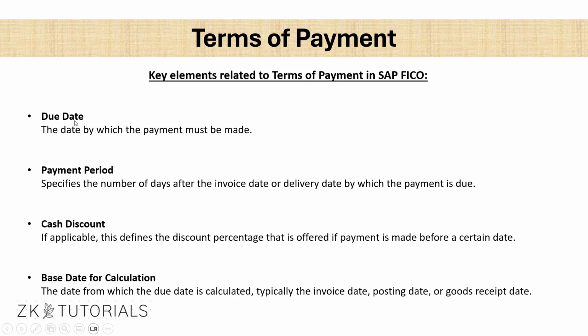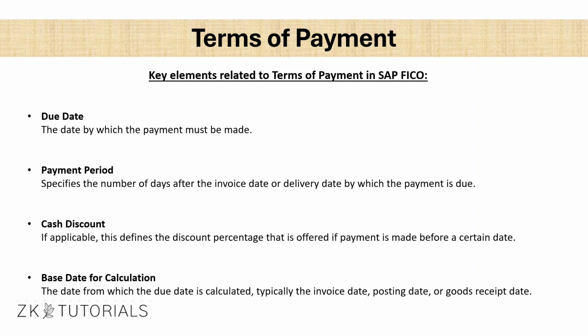Now we have spoken about due date. The payment period specifies the number of days after the invoice date. That means the credit period is called the payment period. This 30 days is called the payment period, or it is also called the credit period. And there is a term called cash discount in terms of payment.